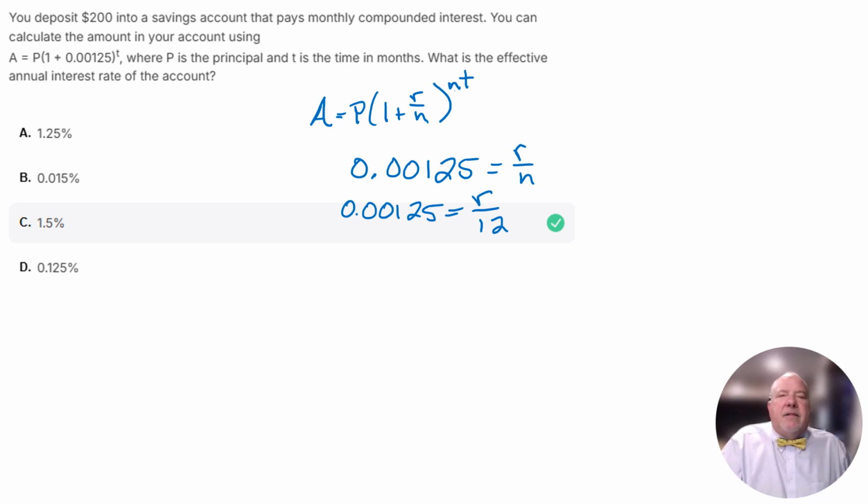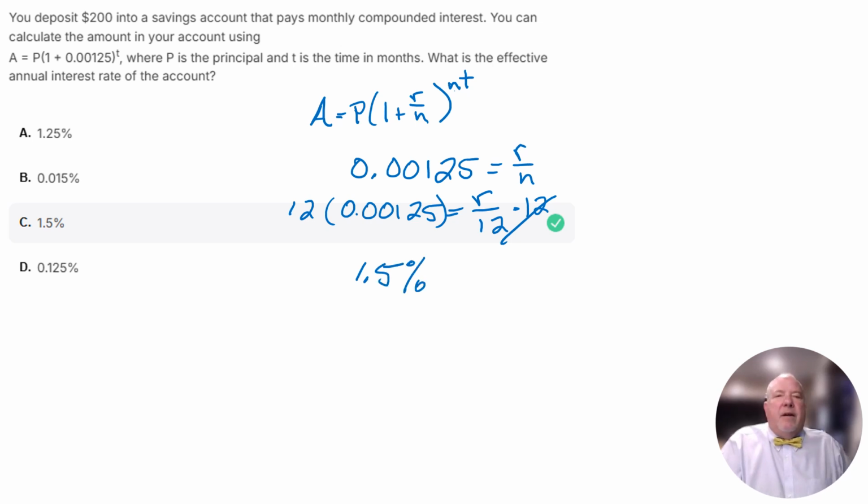And then lastly, to solve this, we're just going to multiply both sides of this equation by 12 to get rid of the 12 here. Multiply this side by 12. So that'll go away. And what you get when you multiply those is 1.5. And that's a percentage.